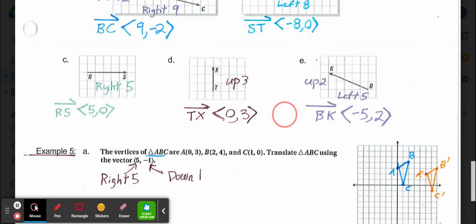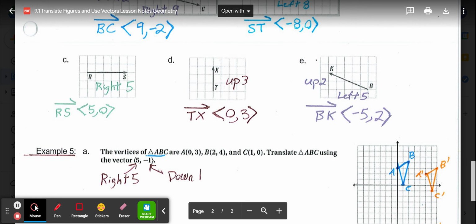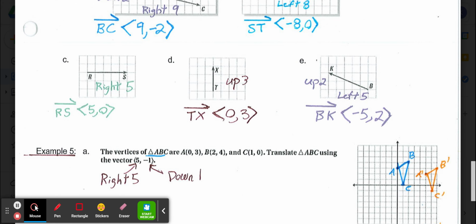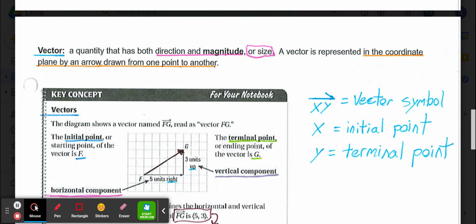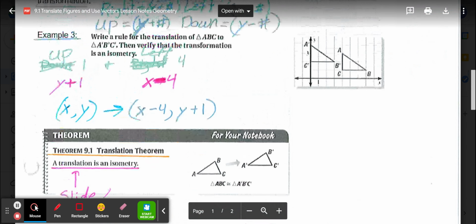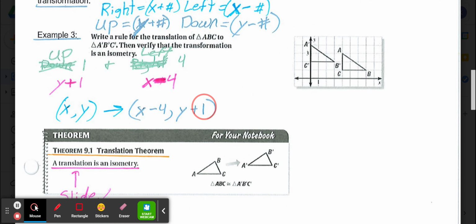And then our last one is E here, which is vector BK, going left 5 and up 2. So left 5 would be a negative 5 in the x value, up 2 would be a positive 2 in the y value. So we can use vectors in place of our translation rules here.